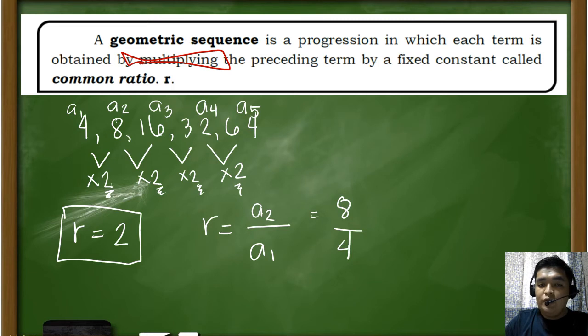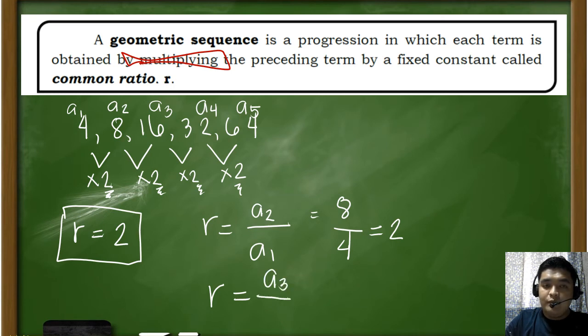What is 8 over 4? That is 2. Let's check if they all have the same r. We can also divide a sub 3 by its preceding term, that is a sub 2. So a sub 3, that is 16 over 8, or 16 divided by 8, is just 2. So, they are all the same.